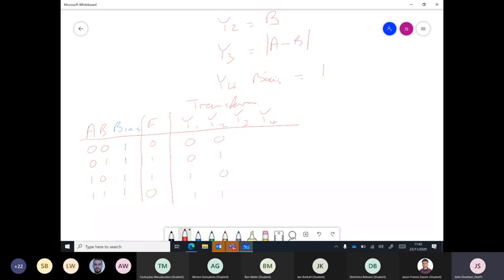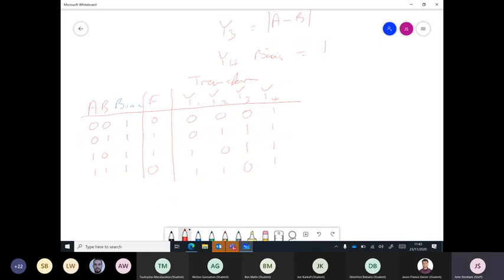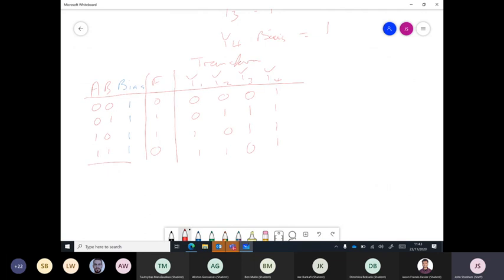Y3 is the mod of A minus B. So 0 minus 0, the mod is going to be 0. 0 minus 1 is minus 1, the mod is 1. 1 minus 0 is 1, the mod is 1. 1 minus 1 is 0, the mod is 0. And Y4 is the bias. So instead of trying to classify this data, we're now going to try and classify the transformed data.